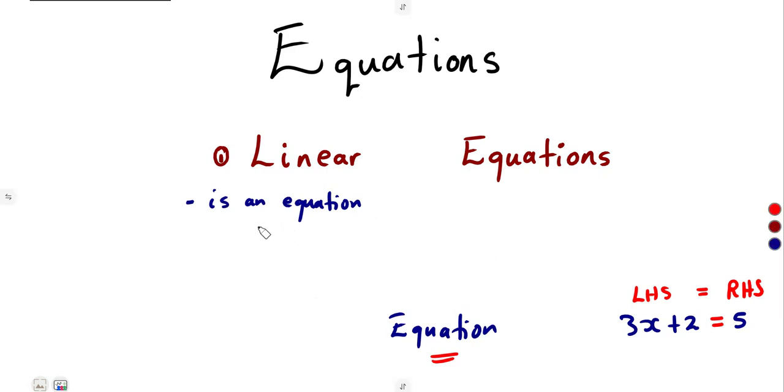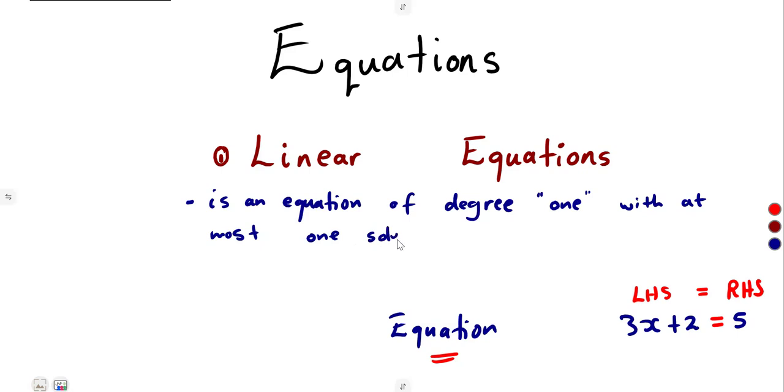So a linear equation is an equation of degree 1. So the degree is 1. This is the major part. With at most one solution, this is the case of our linear equation.